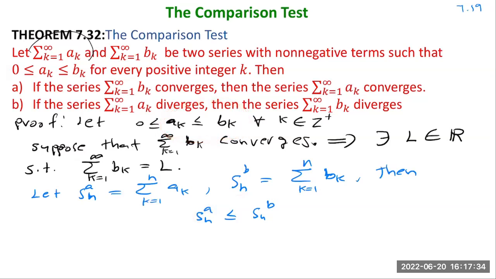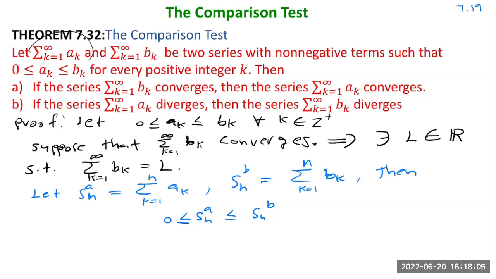We know that all the terms a_k and b_k are bounded below by 0, and b_k is bigger than or equal to a_k. Then the n-th partial sum of the B series should be greater than or equal to the n-th partial sum of the A series, because all the b_k are bigger than or equal to a_k. So we have this inequality. Also notice that since all the terms are non-negative in each series, this partial sum has to be greater than or equal to 0.